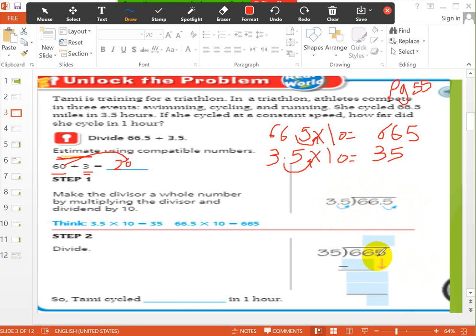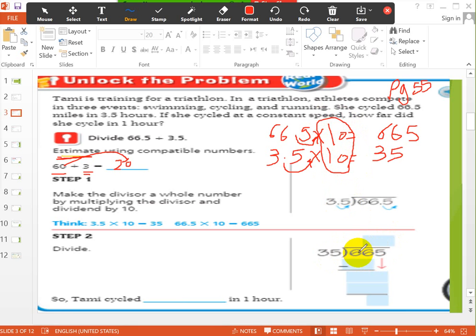But the most important thing, girls, is to multiply both the dividend and the divisor by the same power of 10. I can't choose different ones, okay? It will be wrong.